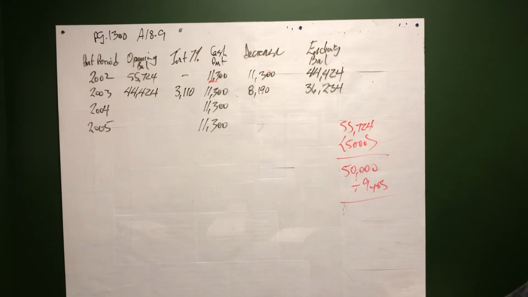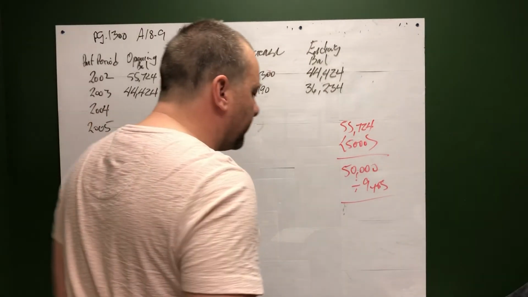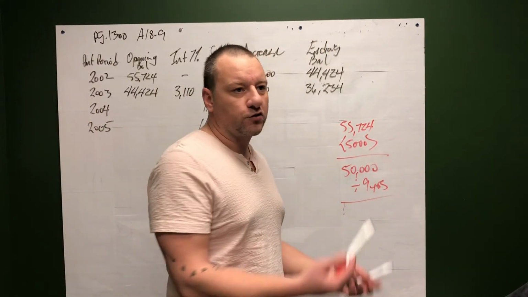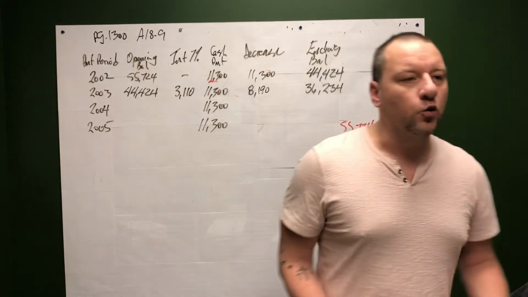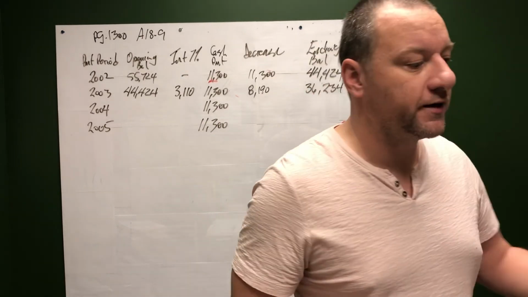A sale and leaseback is slightly different than a lease. With a lease, we go and lease a piece of equipment or a truck or a vehicle or a car, whatever. We never owned it in the first place. We just went out and entered into a lease.